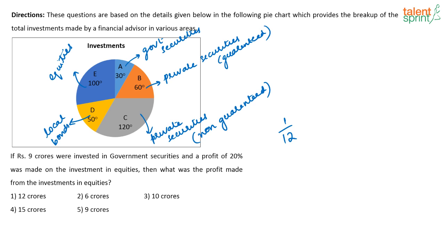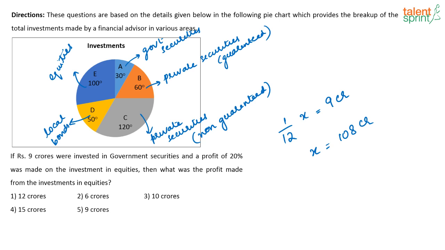So 1/12 is government securities, and it is given that 9 crores is invested in government securities, so 1/12 of the total investment is nothing but 9 crores. So the total investment is 108 crores. Now what are they asking? A profit of 20% was made on the investment in equities.